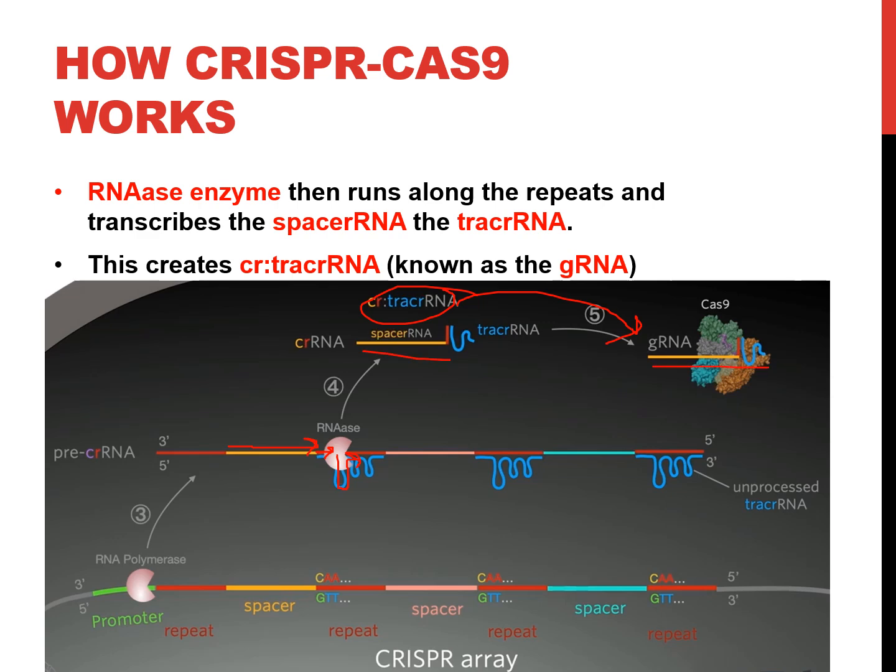All right, and then what will that do? That will do its job. CRISPR tracer RNA, also known as the gRNA, will then lock into, as you can see with this little hook-shaped loop part, the Cas9 enzyme.